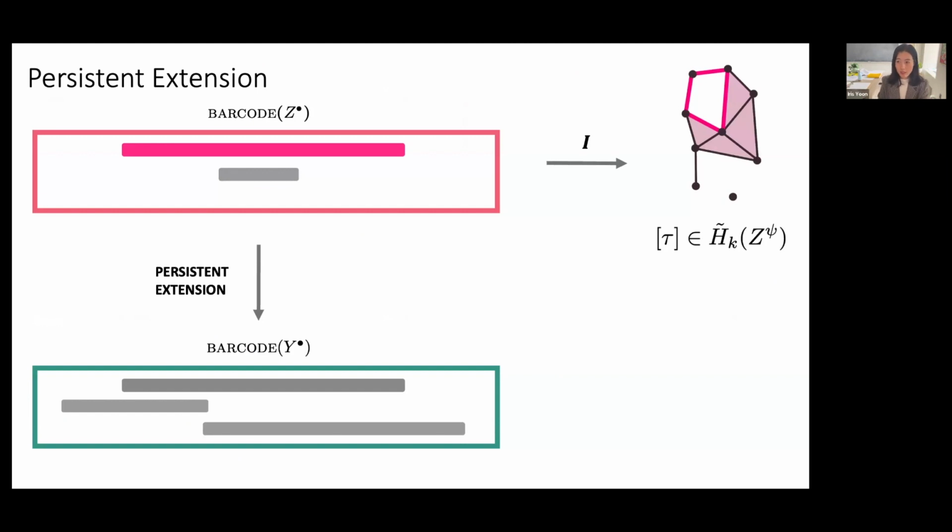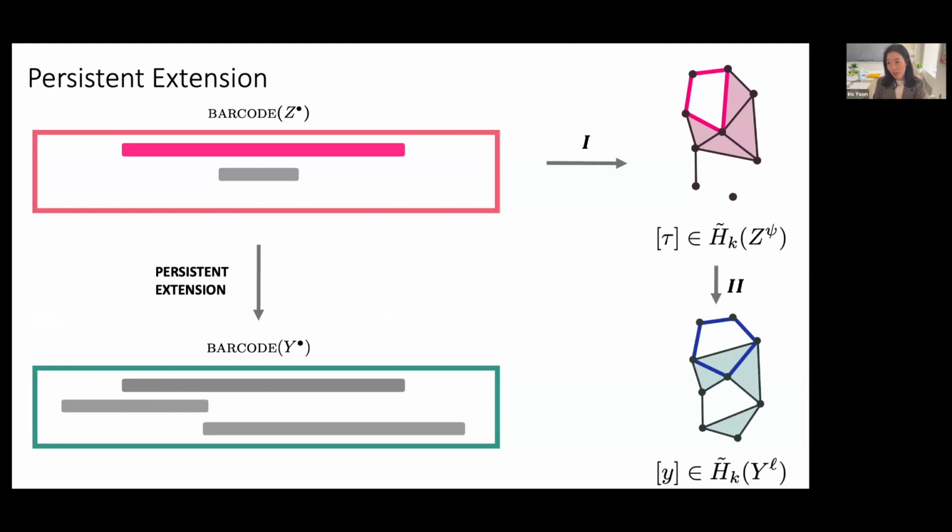In the first step, we find a specific homology class that represents the highlighted bar of interest. In the second step, we find homology classes that live in simplicial complexes in the bottom filtration. And on the third step, we find its representations in the barcode downstairs. I'll briefly go over how each of these steps work.